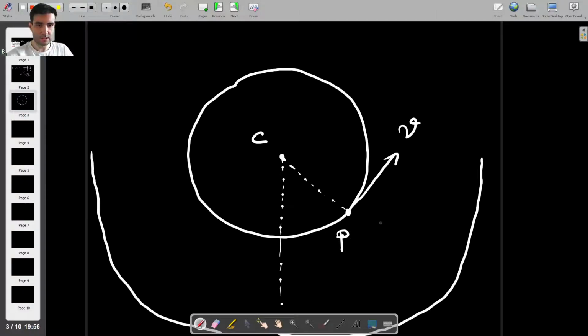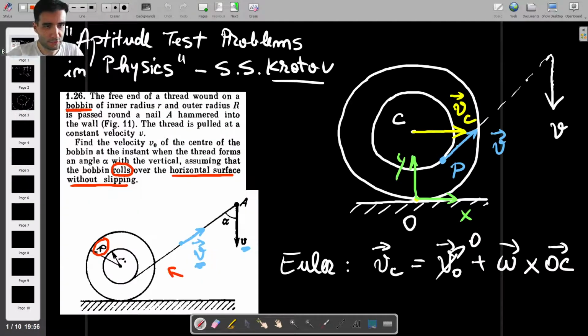Okay, now if we have a look at what's happening on this diagram, there's one thing that we have to calculate, which is this angle, right?